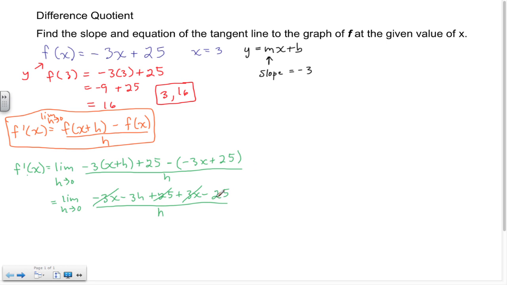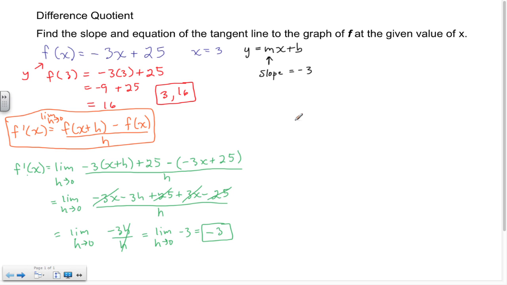A positive 25 and a negative 25, so those go away. So I'm left with the limit as h approaches 0 of negative 3h over h. h divided by h cancels down to just 1. So I have the limit as h approaches 0 of negative 3. And when you take the limit of a constant, that constant is your result. So here I have negative 3, which is just what I thought it would be.